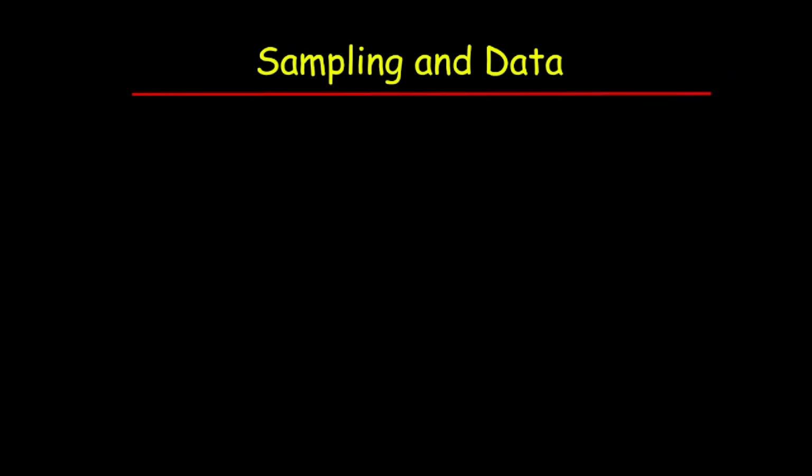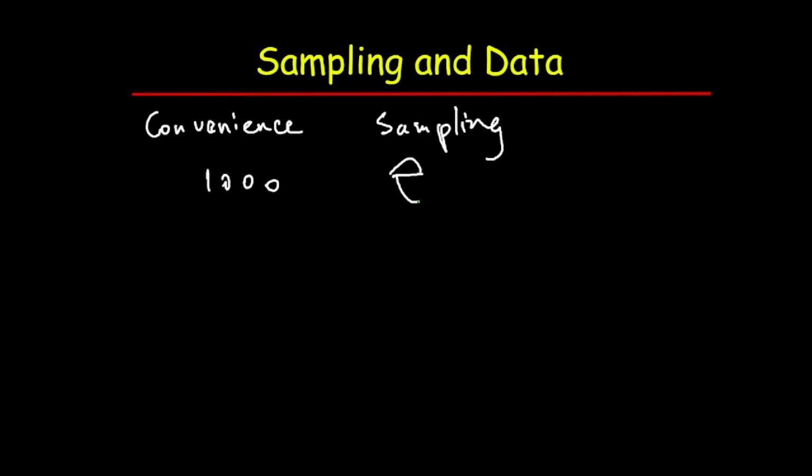The next type of sampling is called convenience sampling. And like the name suggests, you're basically sampling from whatever is convenient to you. For example, if you were, once again, sampling your school for their favorite ice cream flavors, you might be just standing in the cafeteria and asking the first 100 people that you see.